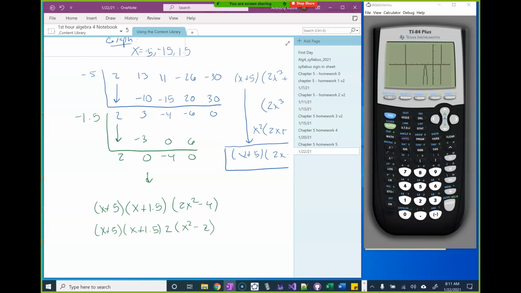What we would do is that gets rid of the decimal for me. Ideally, the grouping was the easier route to go, but you could have still used the synthetic division. There's a little bit more to do to get there, but it was still okay to do that if you had tried to do that.